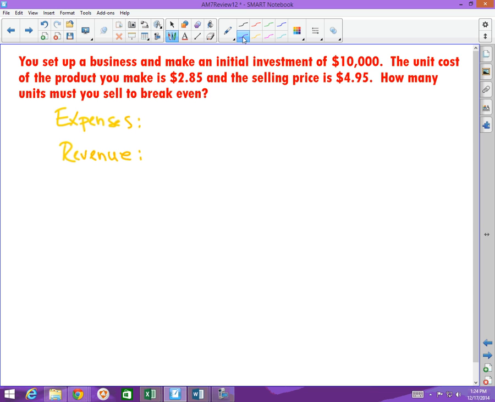For expenses, you spent $10,000 plus you have to spend $2.85 per product unit that you make, where x is representing the number of units.